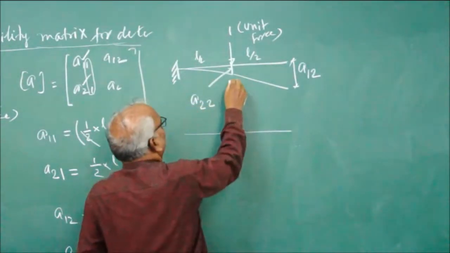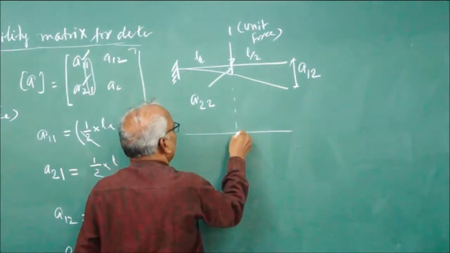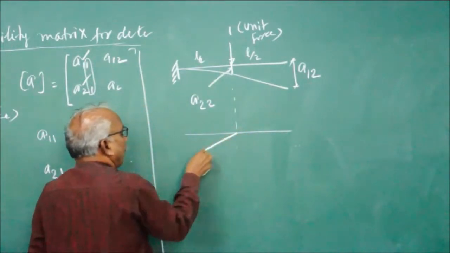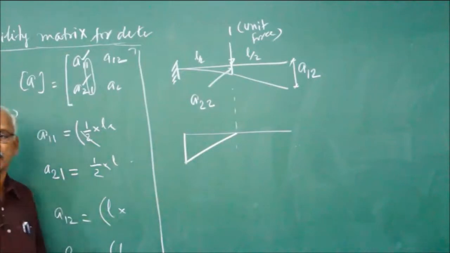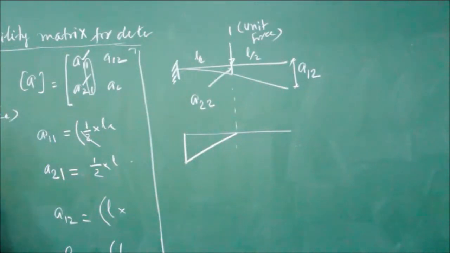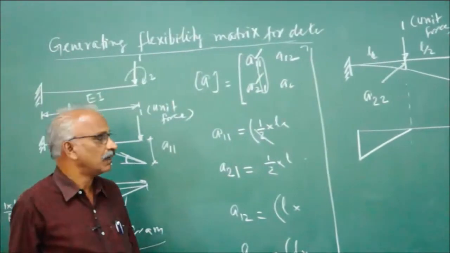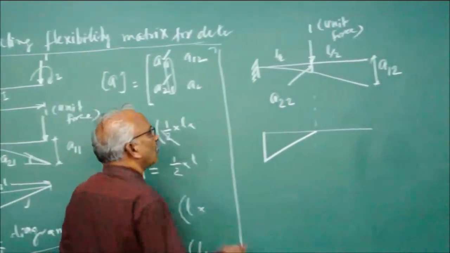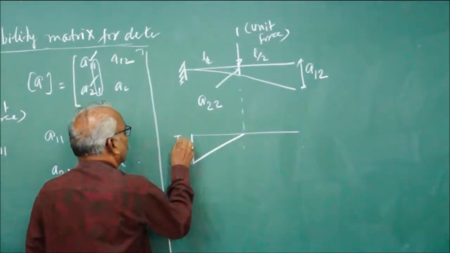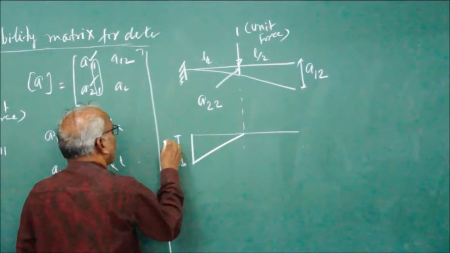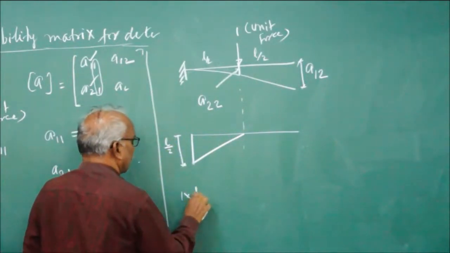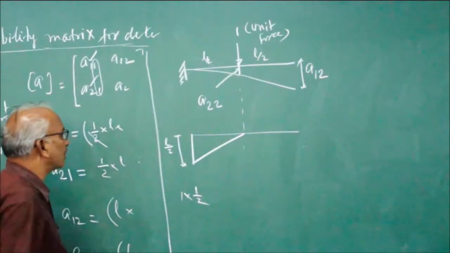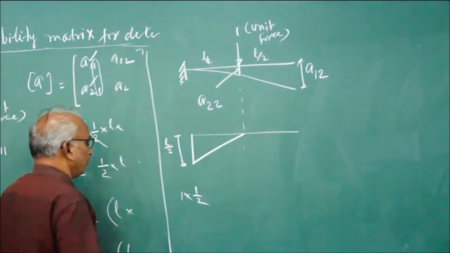The bending moment diagram will be a triangle, with the concentrated load at the center. The bending moment is 1 into L by 2, so it is L by 2.